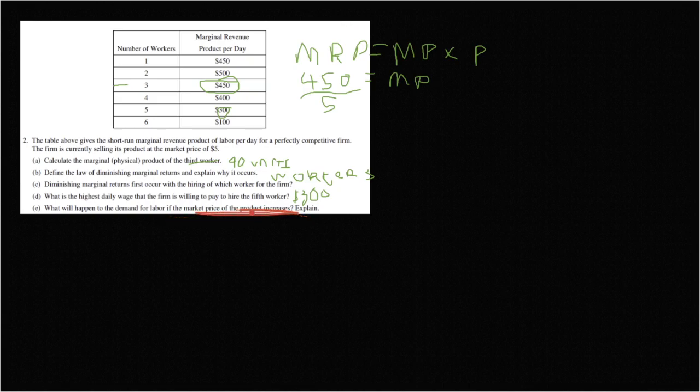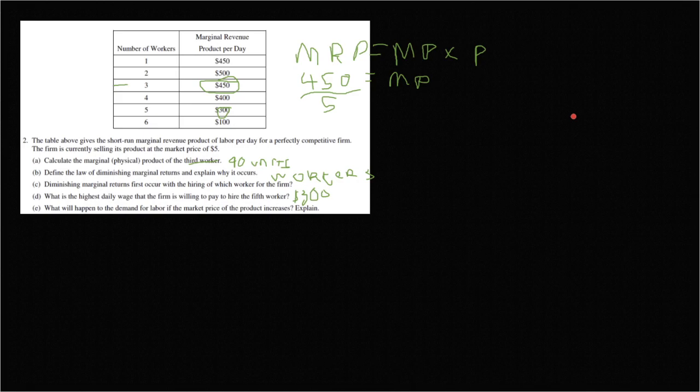If the market price of the product, P, increases, well, the demand curve will increase because marginal revenue product is the demand curve, and marginal revenue product is equal to the marginal product times the price of the output.